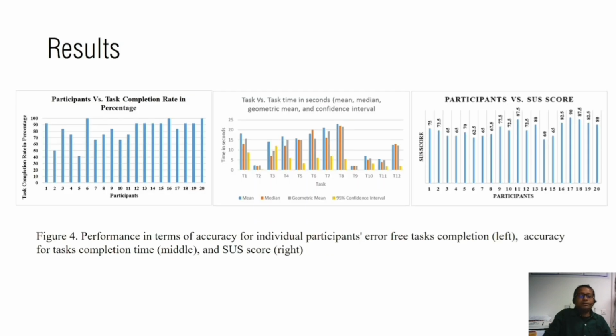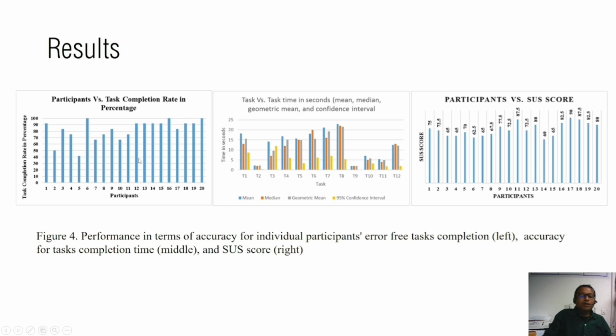The results and analysis: the first graph shows the participant versus task completion rate in percentage. The middle shows the task completion time in seconds, and the score-based results are on the right.